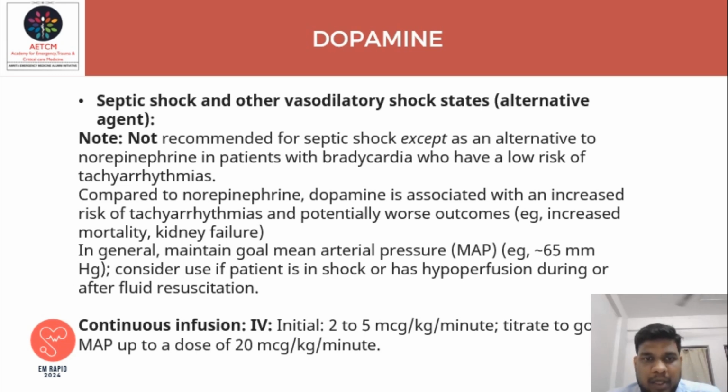In general, maintain a goal mean arterial pressure. Consider use if patient is in shock or has hypoperfusion during or after fluid resuscitation. Continuous IV dosage is initial 2 to 5 microgram per kg per minute and titrate to get a goal MAP, up to a dose of 20 microgram per kg per minute.